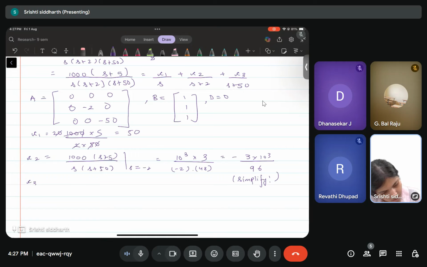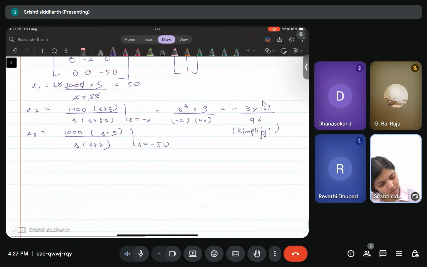And similarly, C3 is 1000 times (s + 5) over s (s + 2), evaluated at s equals -50. So you can write the simplified expression for this. C is simply C1, C2, C3.